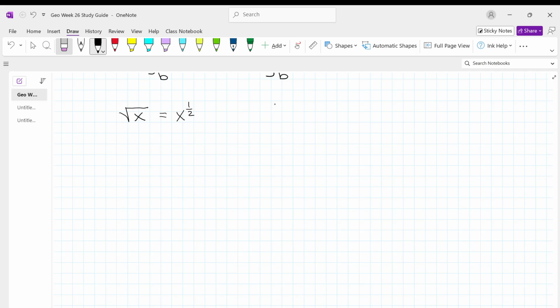So if you get something like log square root of x, that's equal to 1/2 log of x. Just like the square root of 3 is equal to 3 to the 1/2 power.